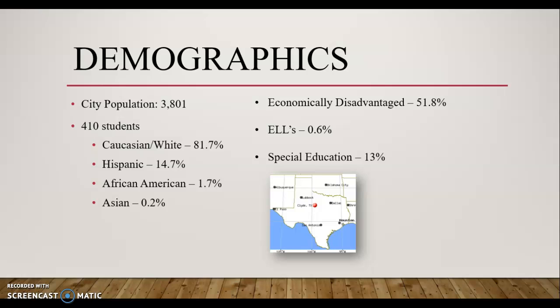So for Clyde High School, their enrollment is 410 students. To put that in perspective, you can think of schools, especially for sporting events, as broken up into classifications and conferences.